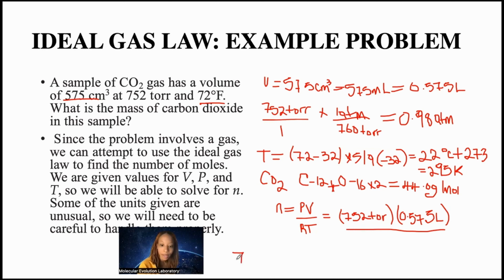We multiply 752 torr times 0.082 in atmospheres, which gives us 62.37 liters torr per mole per Kelvin.